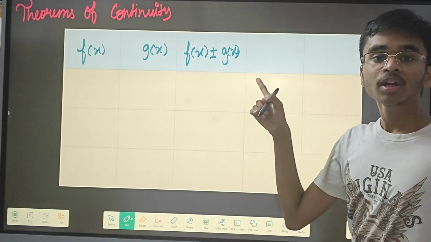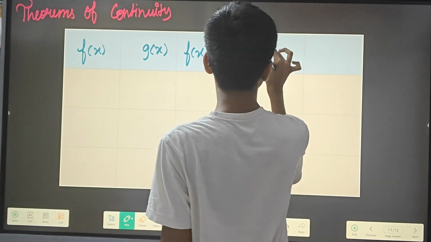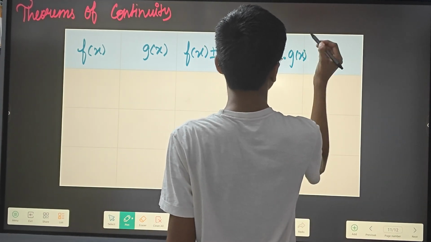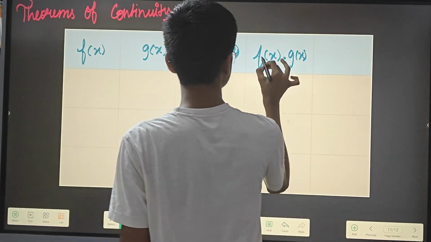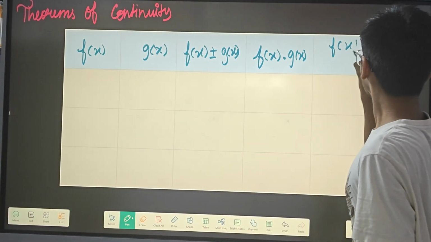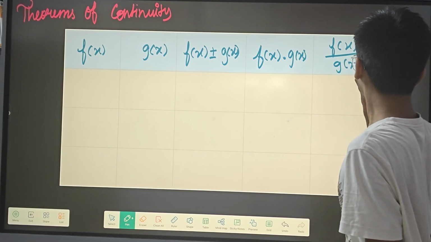Here you are having f of x into g of x, and here you are having f of x divided by g of x.